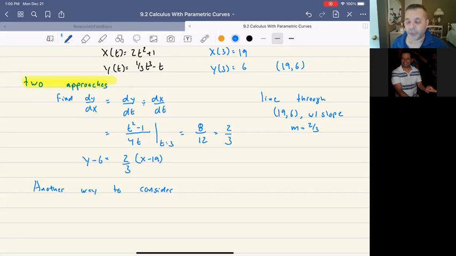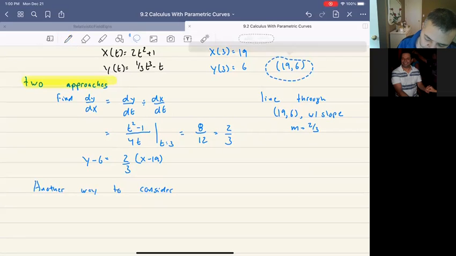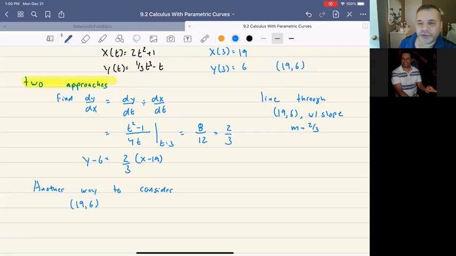We have a point. It goes through (19, 6) again. But also we have a direction, in terms of a vector. So our direction is, we're going to take dx/dt and dy/dt at t equals 3.